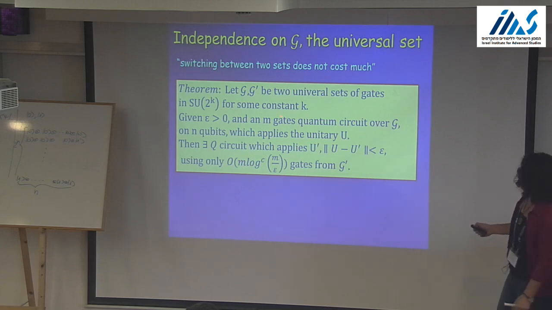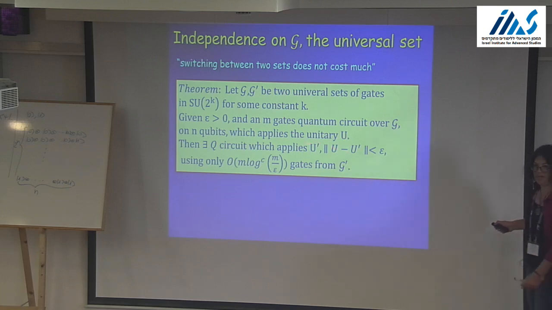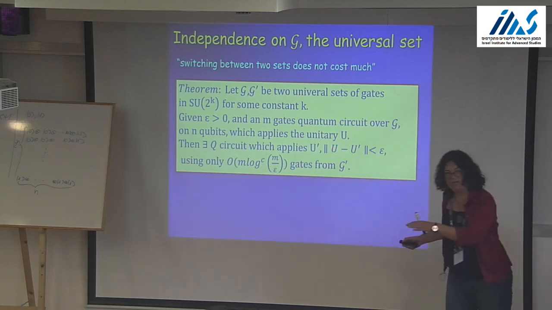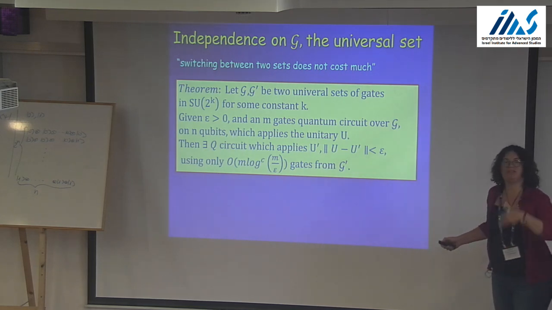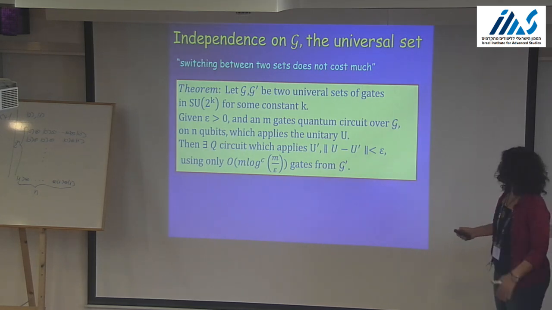Let me restate it. Let G and G prime be two universal sets of gates on k qubits. Given epsilon and a quantum circuit over the first set G, with m gates acting on n qubits, which applies the unitary U, I want to translate it into a circuit that uses a different universal set of gates.